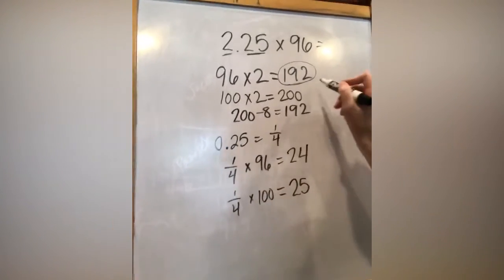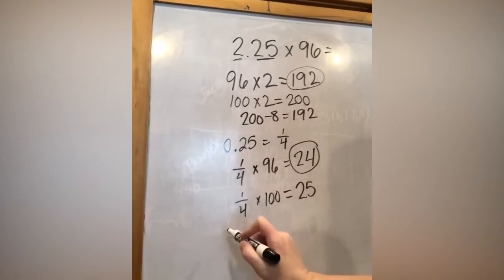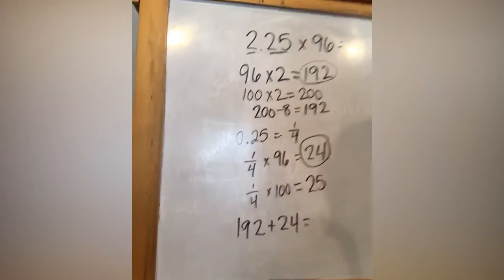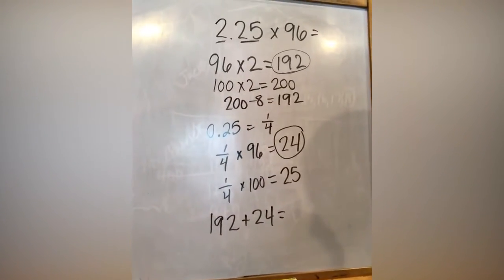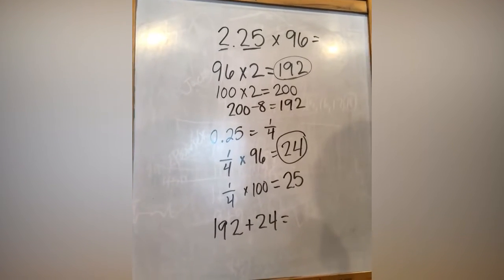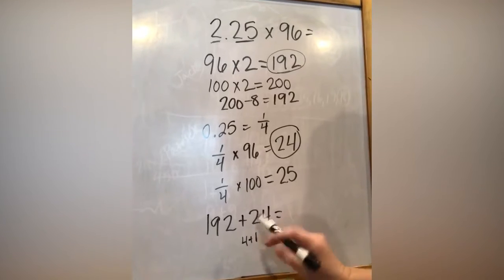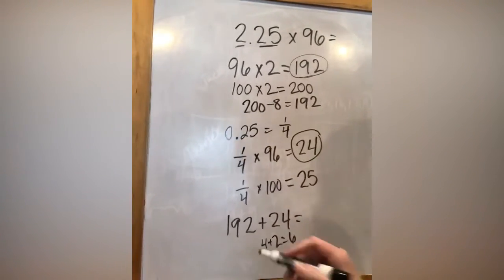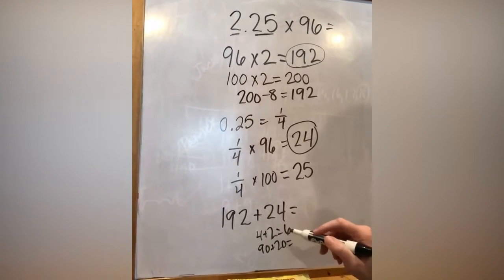So now I'm going to add together the individual parts of the problem that I did. 192 plus 24. All right, my third grader Patrick wants to help me add this together now. So how would you add 192 plus 24? First, I did 4 plus 2 is 6. Okay. Then I did 90 plus 20 is 110.